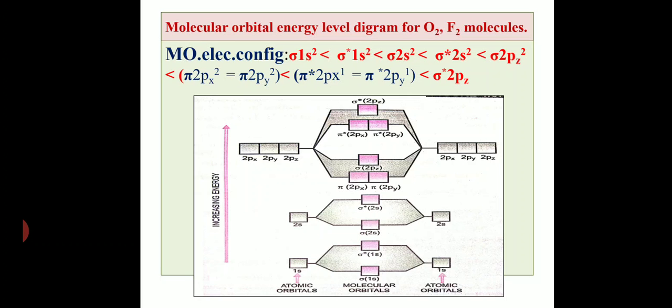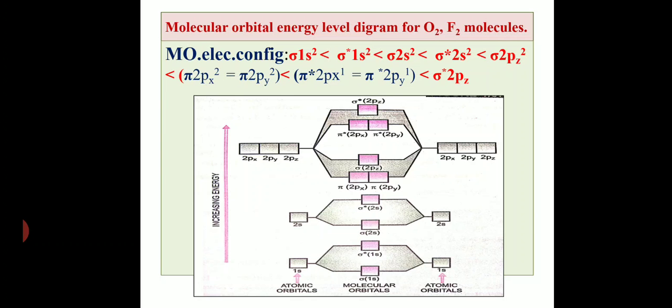Now the molecular orbital energy level diagram for oxygen, fluorine, neon molecules. It is just like the nitrogen molecule, but it has a slight change. So what is that change? 1s and 2s both will have the same configuration, but when we come to 2px, 2py, there is a change, right?